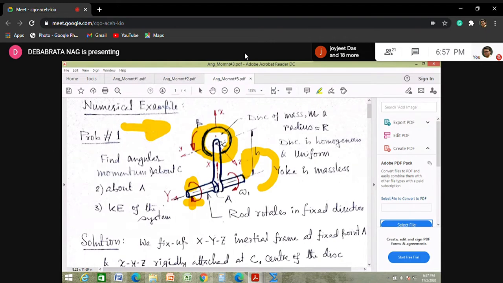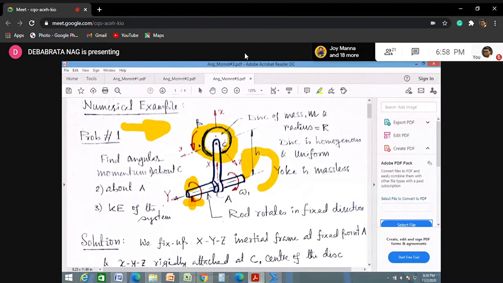Otherwise, suppose this body is found to be rotating with respect to this point, correct? So in that case, you need not go for finding the velocity of the center of mass, all these things you need not find. What you could have done is find the inertia matrix of this entire system about this point, right?